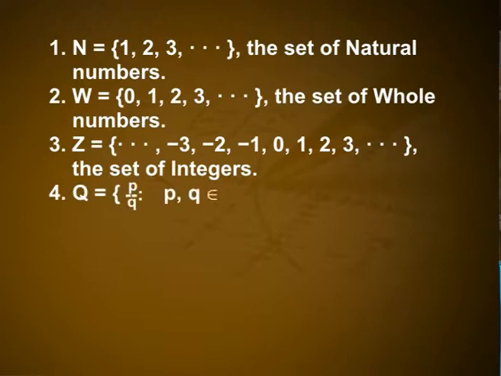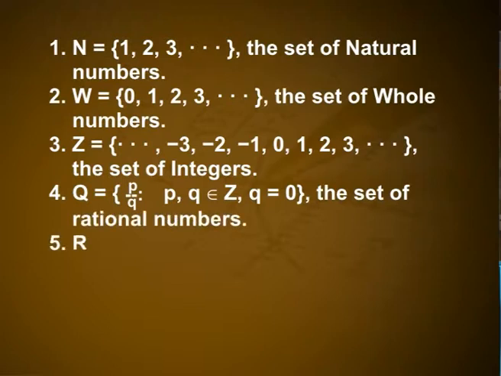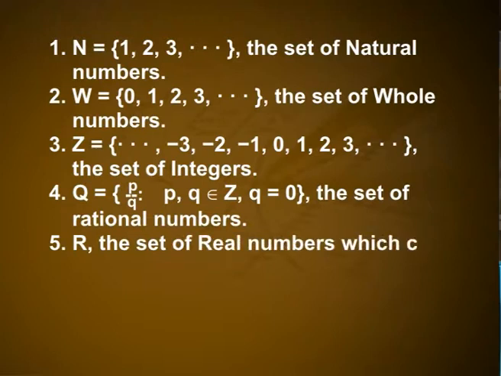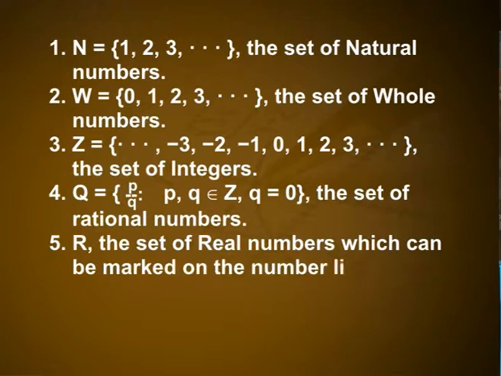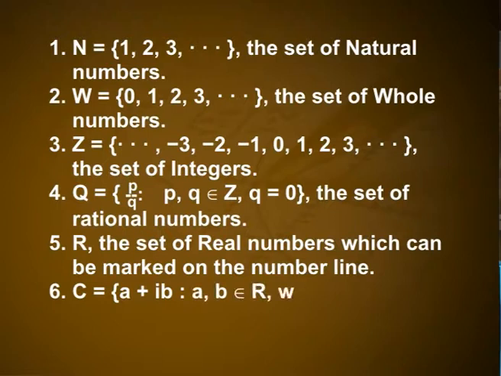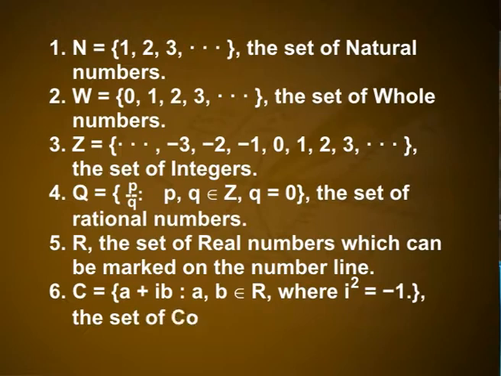Q = {p/q : p and q belong to Z and q ≠ 0}, the set of rational numbers. R, the set of real numbers, which can be marked on the number line. C = {a + ib : a, b belong to R}, where i² = -1, the set of complex numbers. All these sets of numbers are infinite sets.